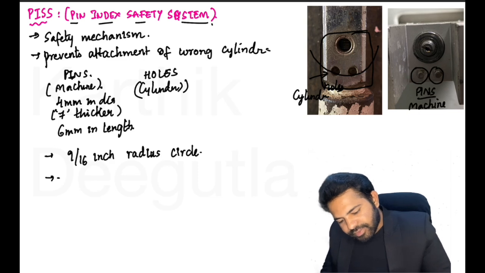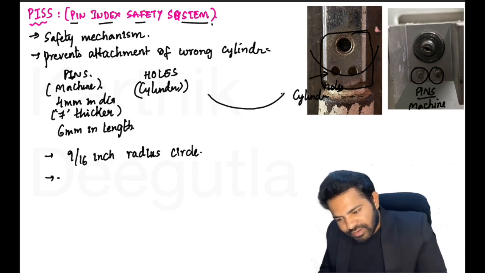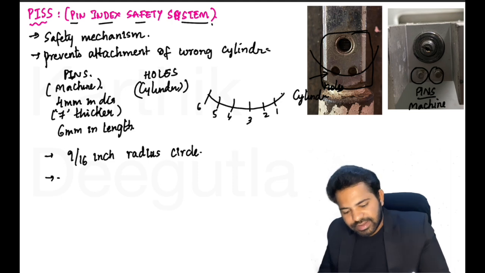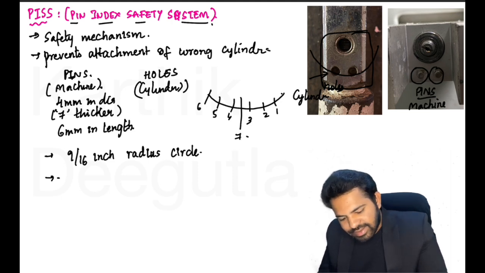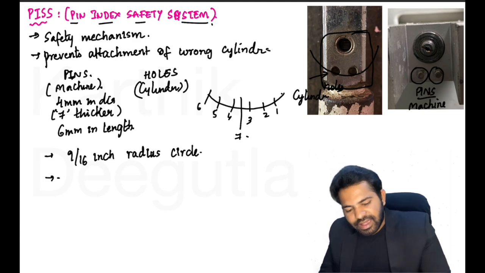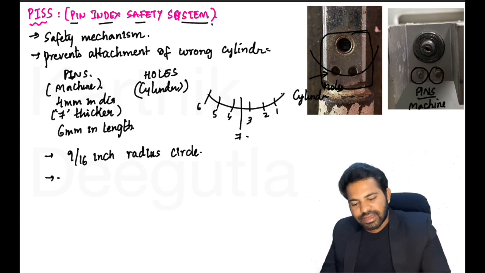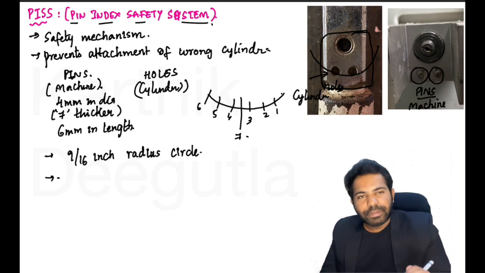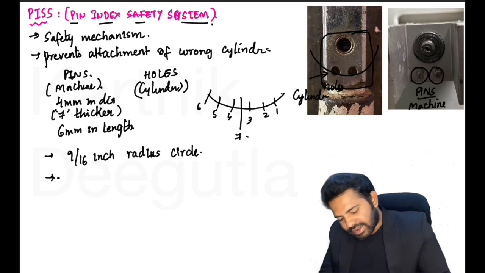For example, if this is the arc of the circle, then there is 1, 2, 3, 4, 5, 6. This is the numbering, and in the center there is 7. Unless these pins and holes are aligned, the port will not be seated correctly.